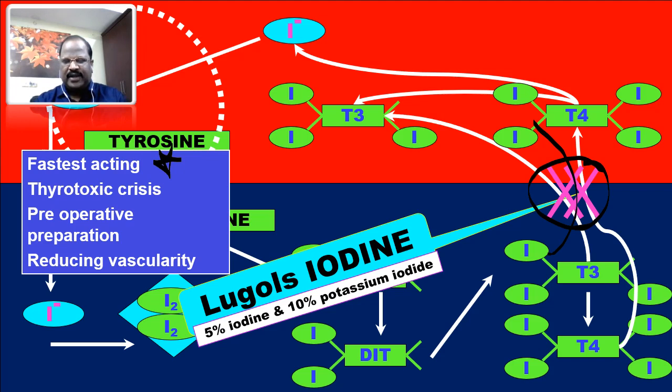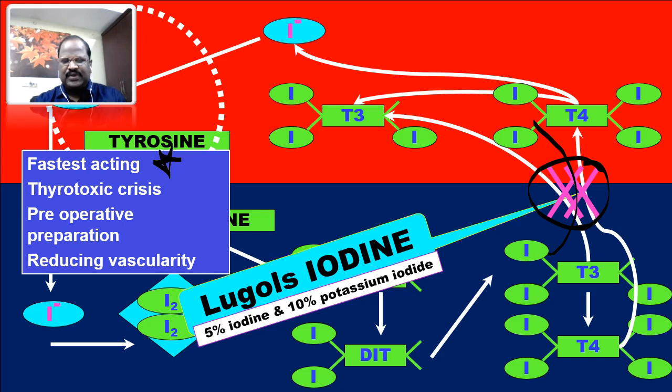I told you already, propylthiouracil has a dual mechanism of action, inhibiting synthesis of T3, T4 as well as inhibiting peripheral conversion of T4 to T3. So for hyperthyroid emergency, for rapid control of symptoms, the best combination is propylthiouracil plus Lugol's iodine.